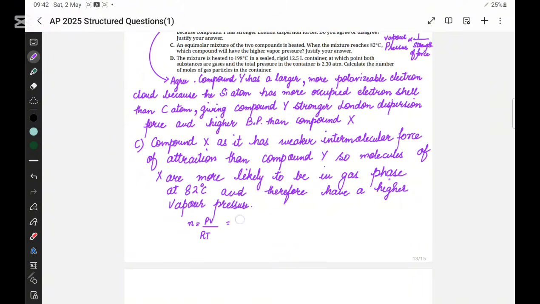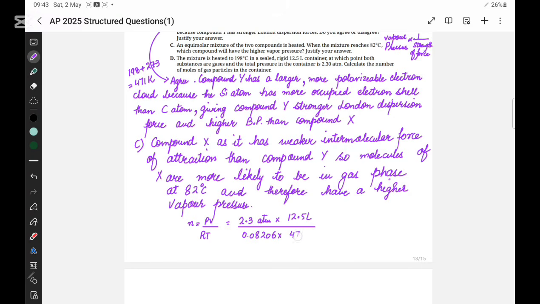Pressure is 2.3 atm, volume is 12.5 liters, R is 0.08206, and temperature is 198 degrees Celsius, so we have to convert it into Kelvin. 198 plus 273, and the answer comes out to be 471 Kelvin.